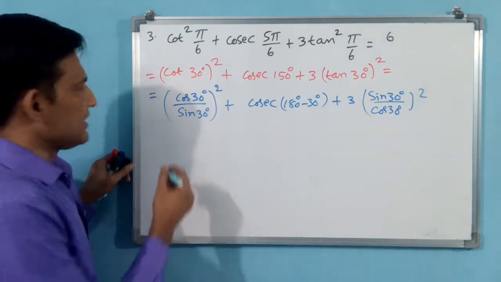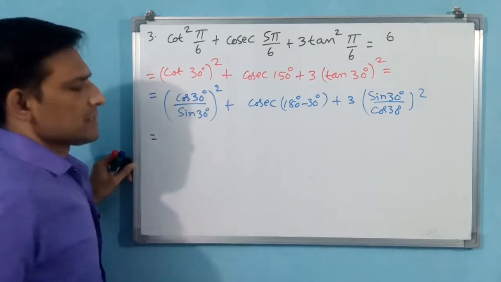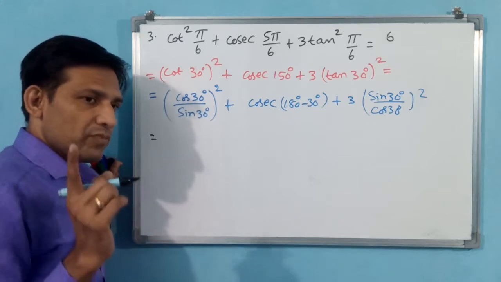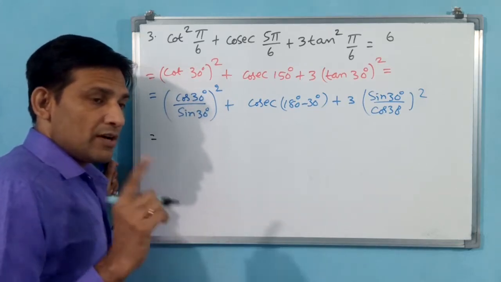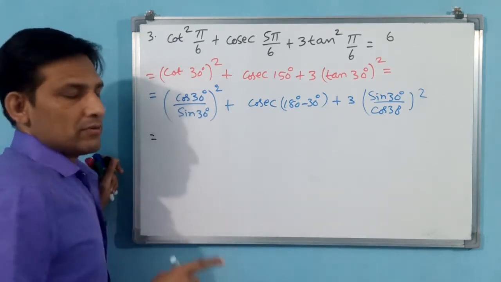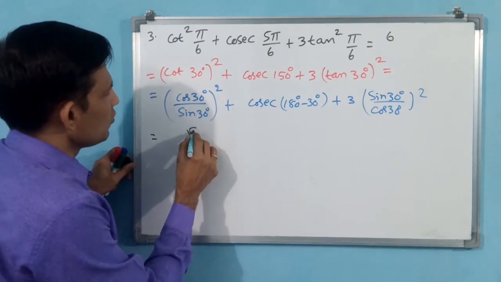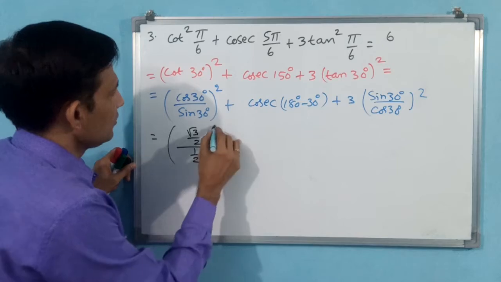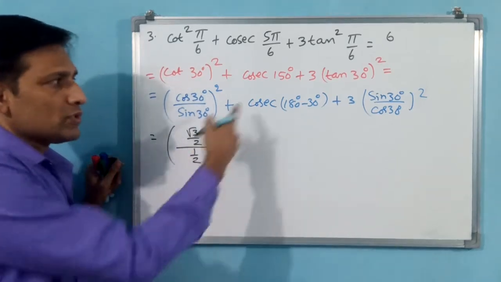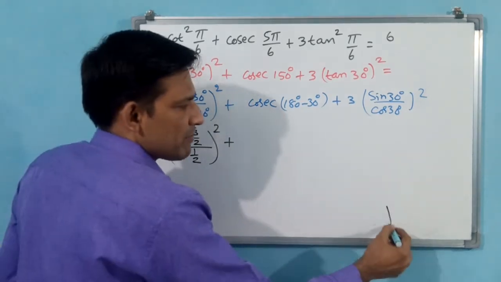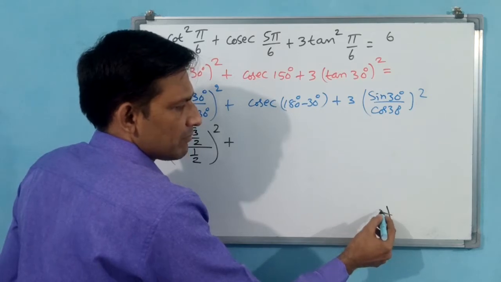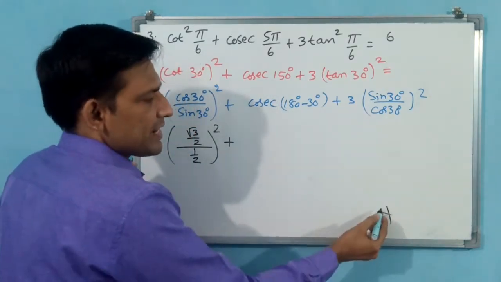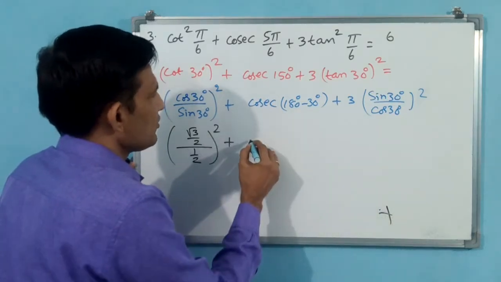Secant and cosecant rarely come. Sin 30 is 1 by 2, cos 30 is root 3 by 2. That you have to keep in your mind. Root 3 by 2 by 1 by 2 whole square plus cosecant 180 minus 30. See, 180 minus 30 means here it will come, where cosecant and sin are both positive, that is why this is positive only.